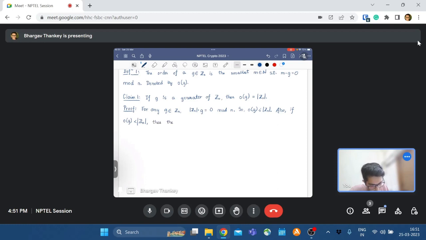Then the group generated by g is this, right?